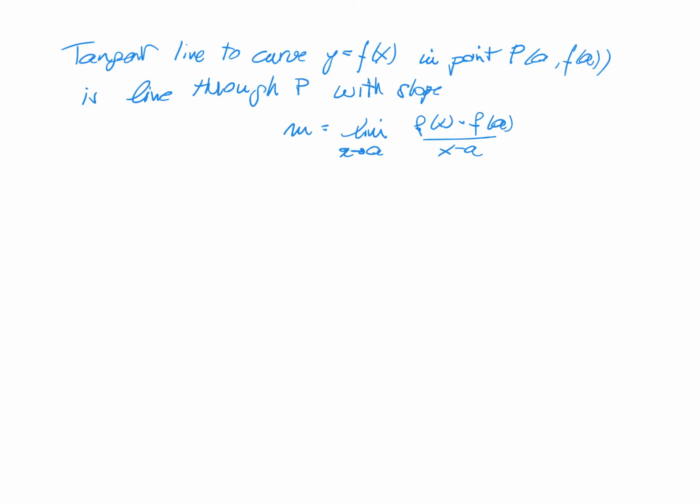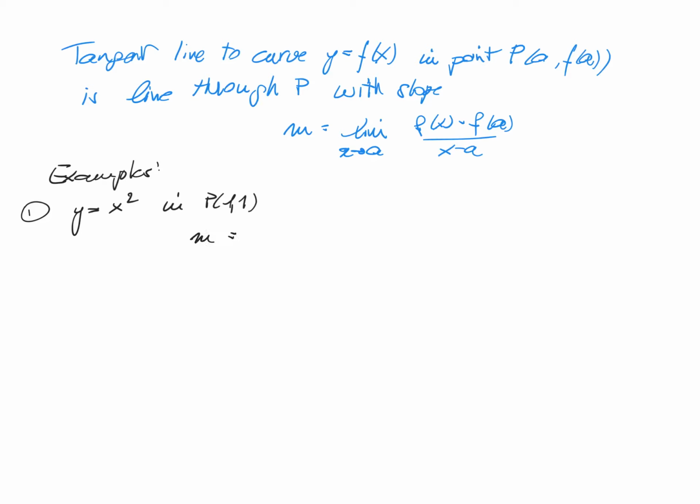Let's quickly recall the calculation through some examples. For the first one, you want to calculate the tangent line to y equal to x squared in the point P, (1, 1). So this is the example we used before. We have seen how to calculate the slope.